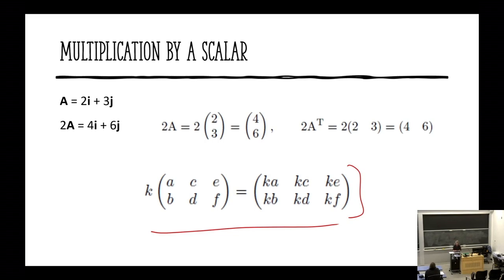So it's not the same. The determinant of kA is equal to k squared times the determinant of A for a 2 by 2 matrix, and k to the 3rd power for a 3 by 3 matrix, etc.